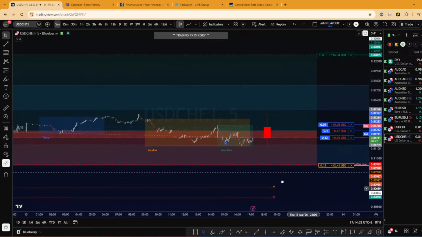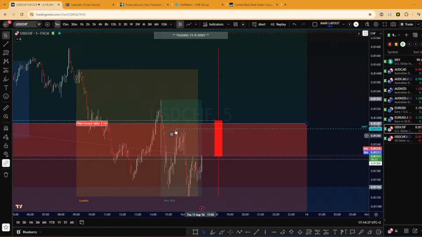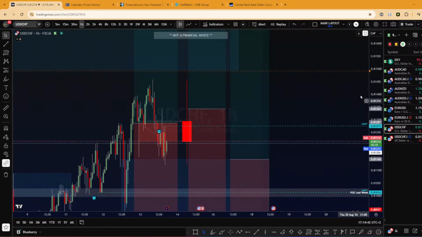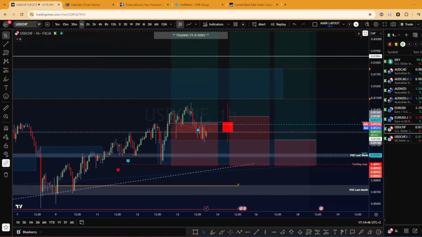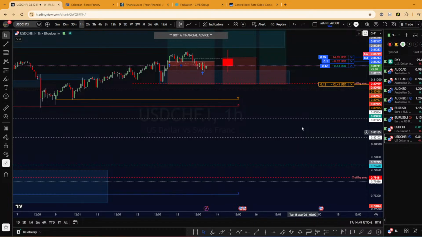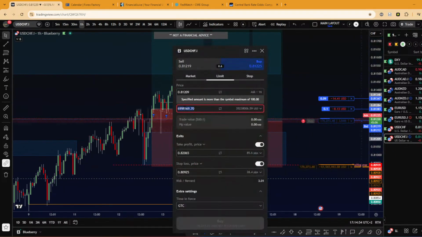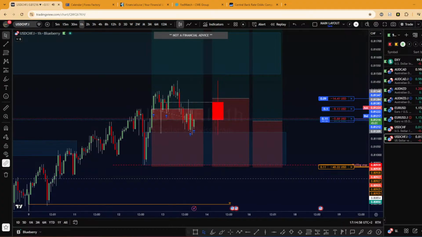Let me see. Yeah, I just need a break of this high to confirm that we are going to continue to push to the upside. So yeah, this is a nice level to buy. Prefer to buy at this point.